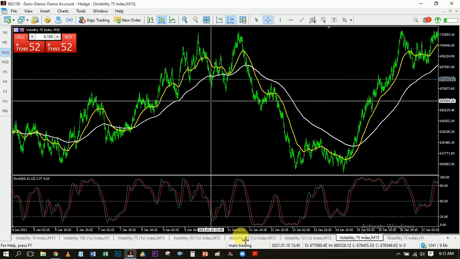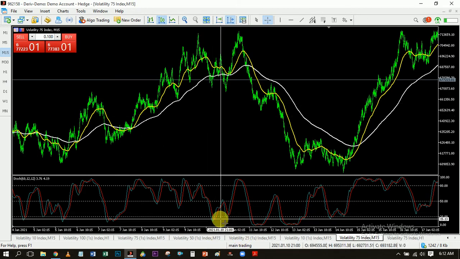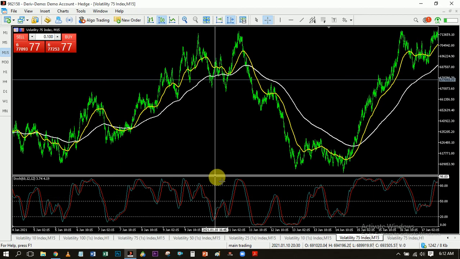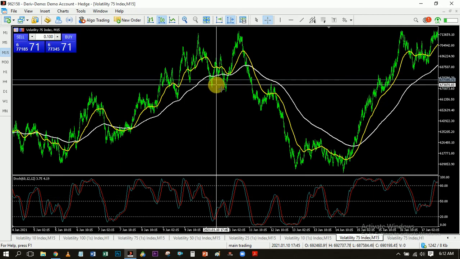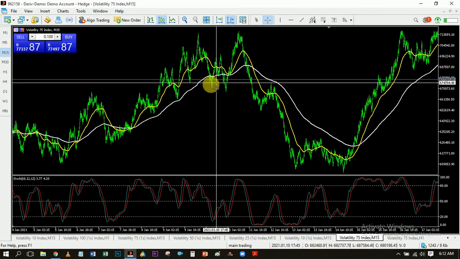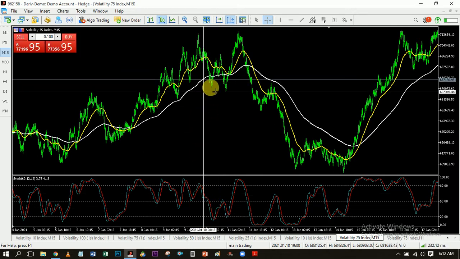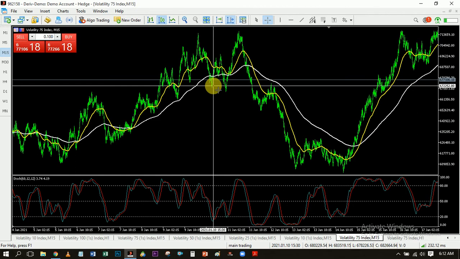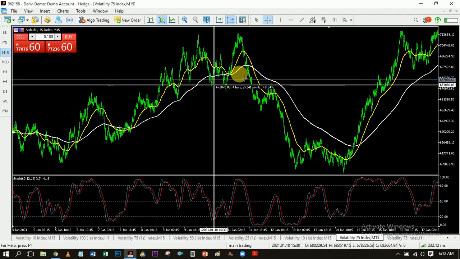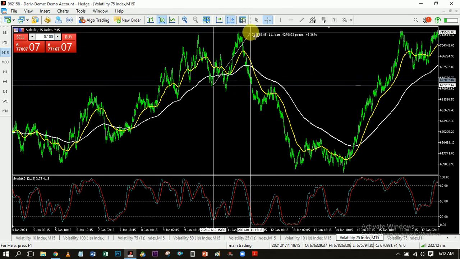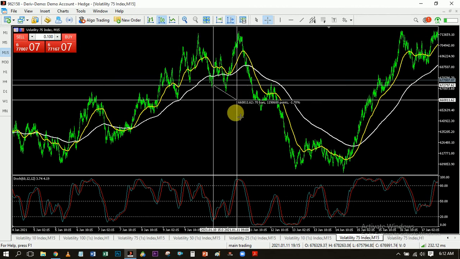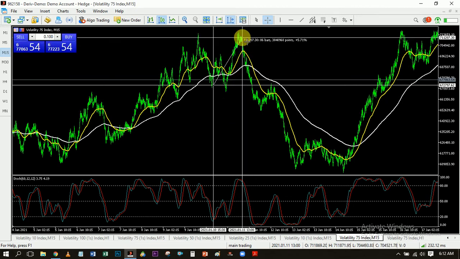You can see it went oversold, and it also went up to this level right here. So now you just place your entry here and take your profit at this point when it becomes overbought.